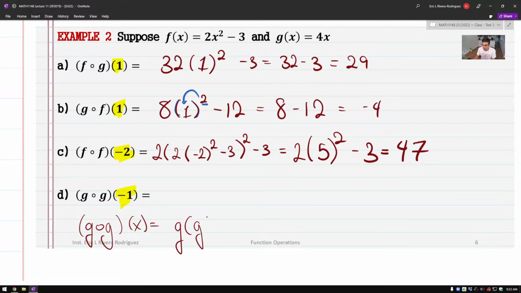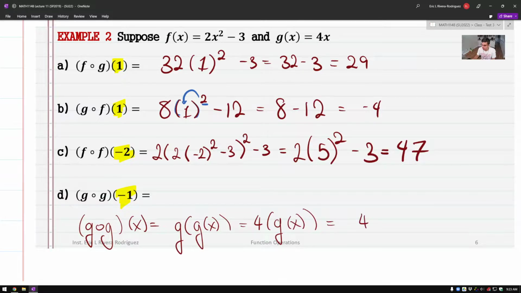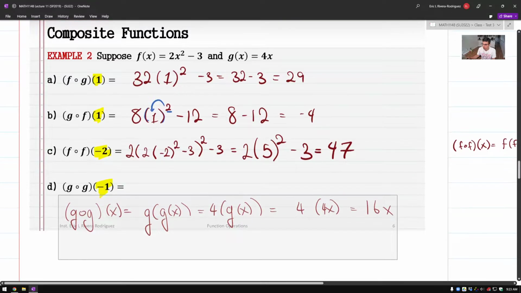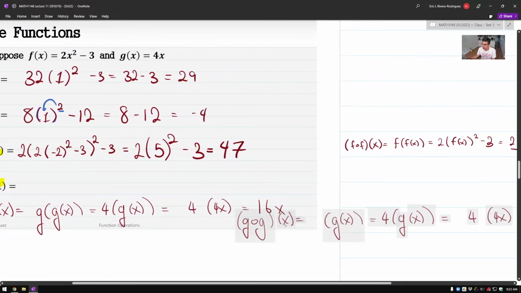This is equal to 4 times g of x, but g of x is just 4 times x, so we got 16 times x. Move it to the side so we don't get confused.